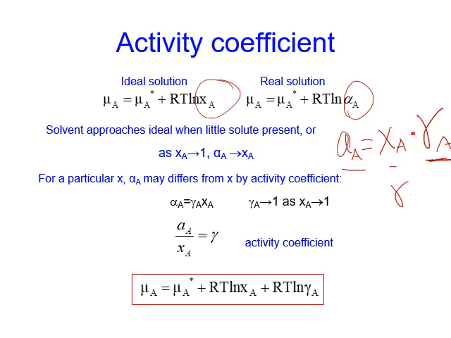If it's not an ideal solution, then gamma will not be 1. So we can use this activity coefficient to represent the deviation from an ideal solution. And then the chemical potential becomes the standard state plus RT ln XA plus RT ln gamma.